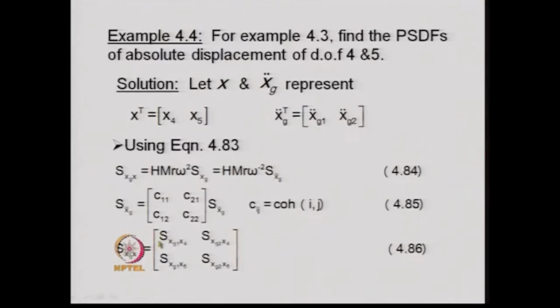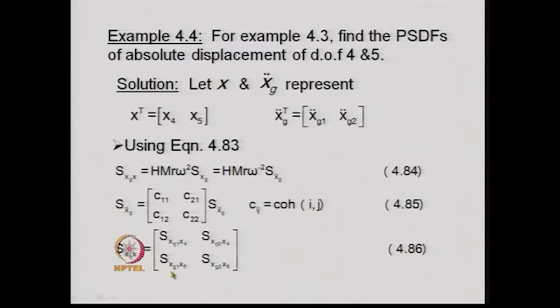So Sx G1 Sx4 represents the cross power spectral density function between the excitation at support 1 and the displacement x4.